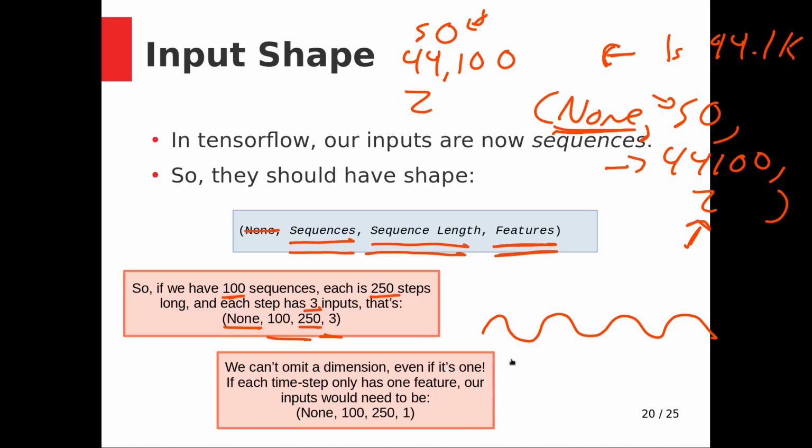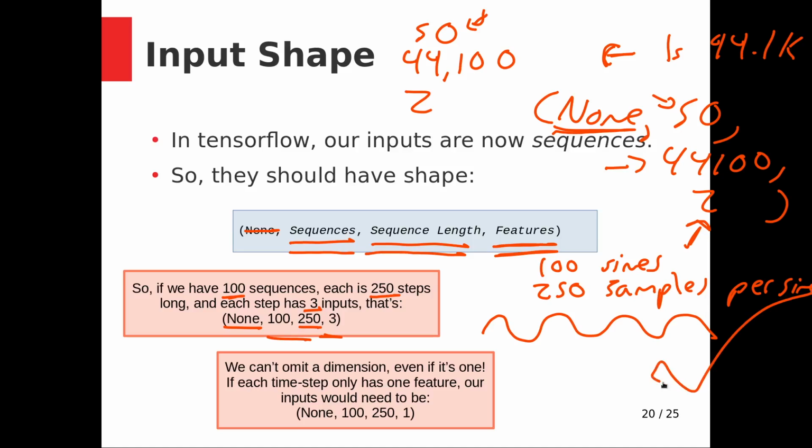So if I have 100 sine waves, each with 250 samples, but then each sample is one value, then my shape ends up being 100, 250, 1.